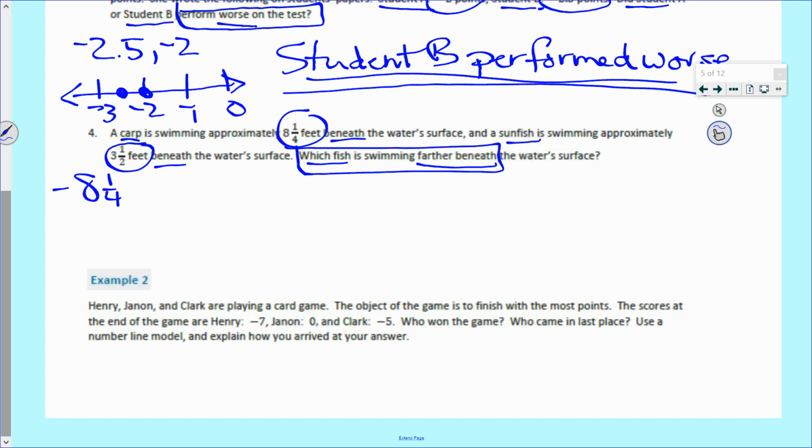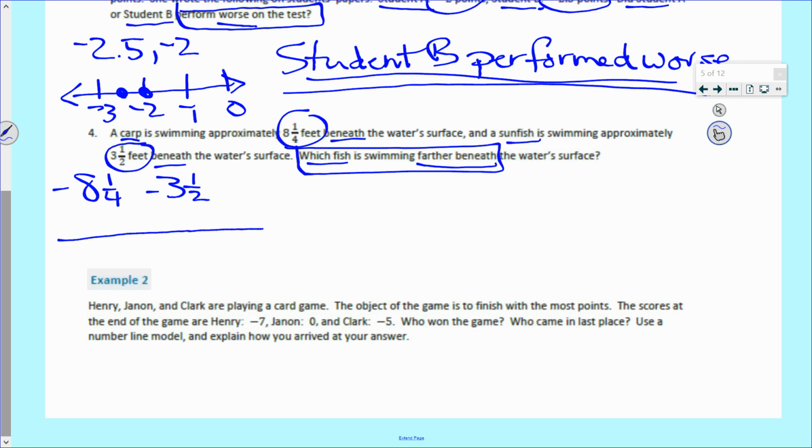What integer would represent 3½ feet beneath the surface? -3½. So now that I've got my 2 integers written, now we can put them in order. Which one would be farther beneath the surface? Okay, so we actually have those in order, don't we?